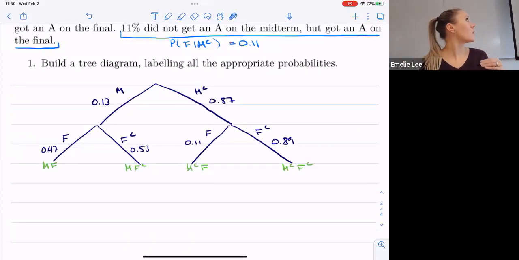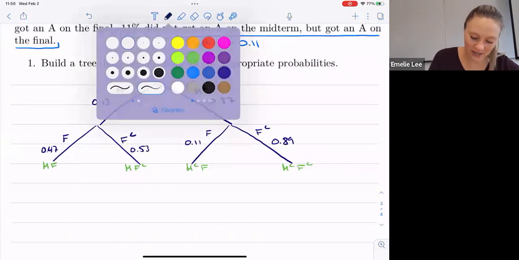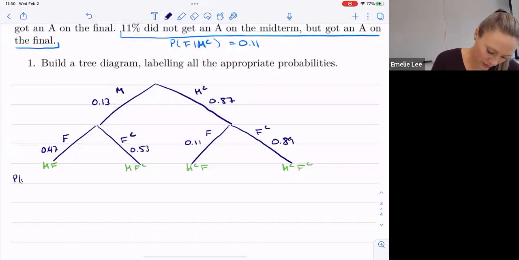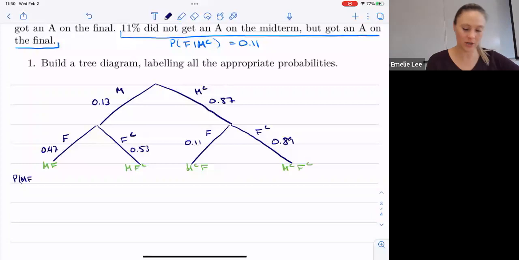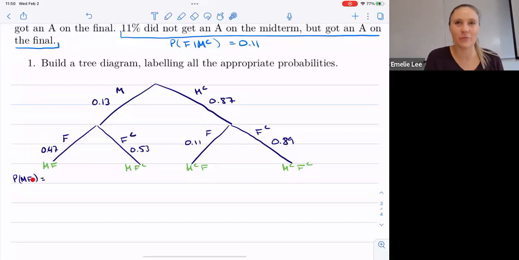And then sometimes I'll write out the first one, so the probability of MF. Notice how I'm not writing M and F, because for me, shorthand MF is M and F, which can get confusing. Usually I'll only write it out for the first one, just to show that this is the probability going down the branch.